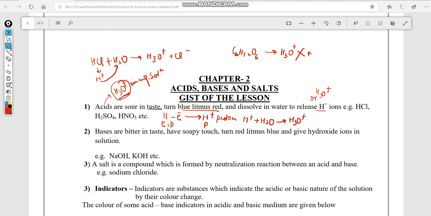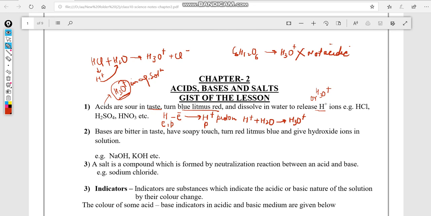Hence it is not acidic in nature. Why is HCl considered acidic, whereas glucose is not? HCl releases hydronium ion in aqueous solution, hence acidic in nature. Glucose does not release hydronium ion in aqueous solution, hence it is not considered acidic.